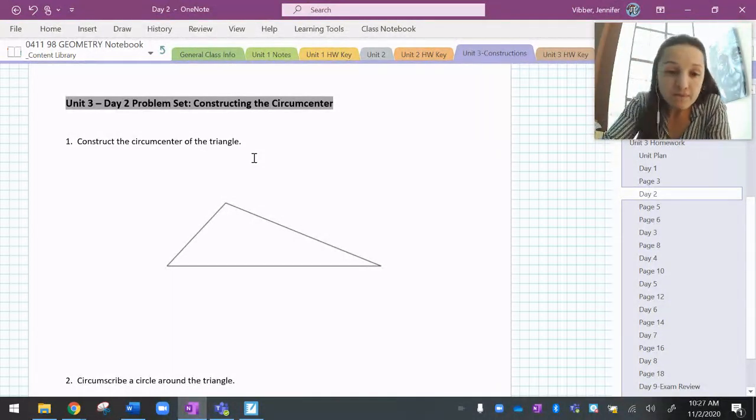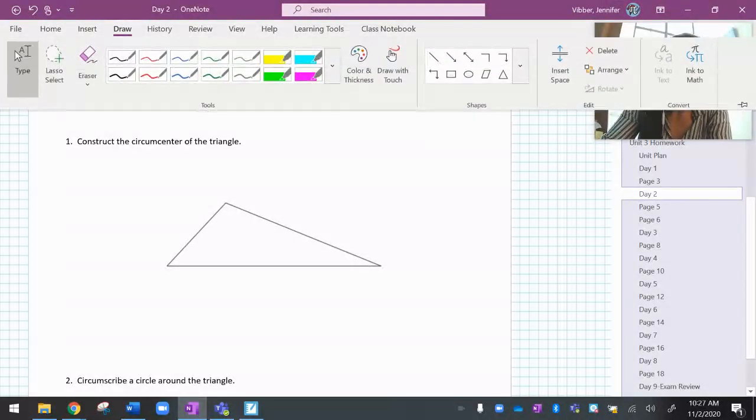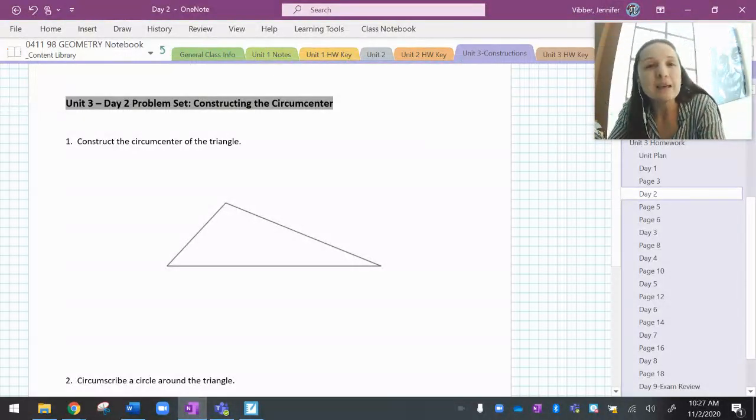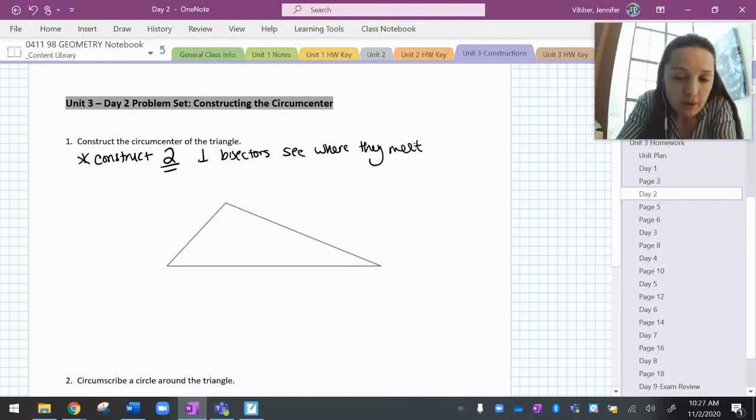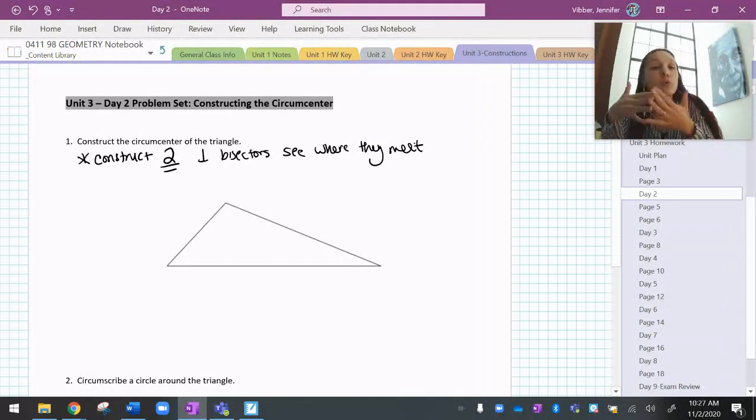But, fun fact, since all 3 are going to intersect at the same point anyway, you really only need to construct 2 perpendicular bisectors and see where they meet. You don't need all 3, because if all 3 intersect at the same point anyway, 2 is good enough. So if you need a circumcenter, you can construct 2 perpendicular bisectors and see where they cross.